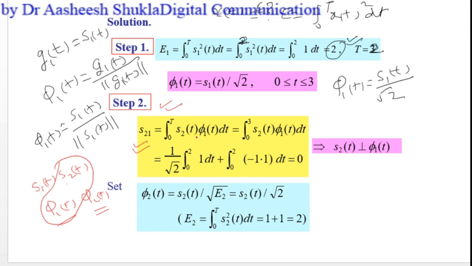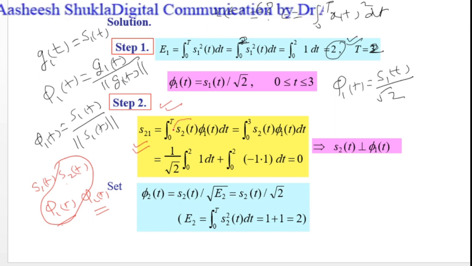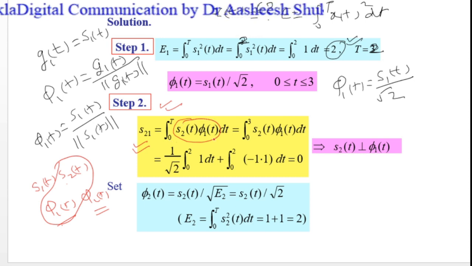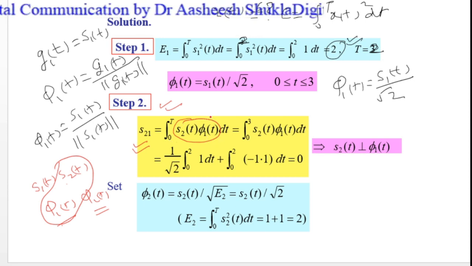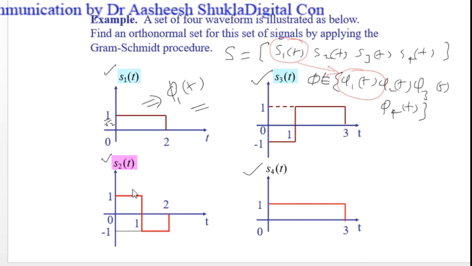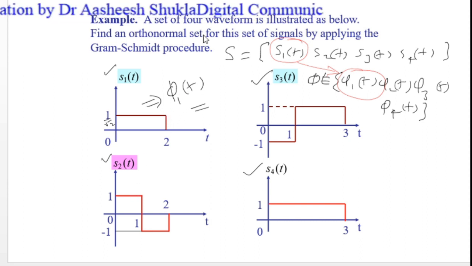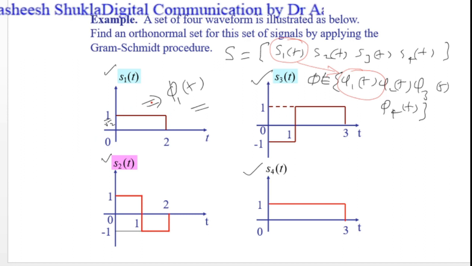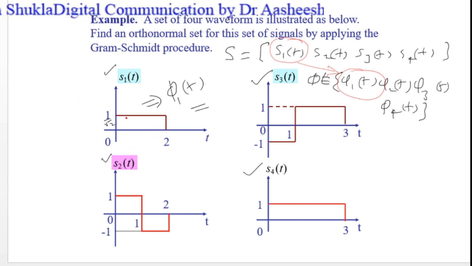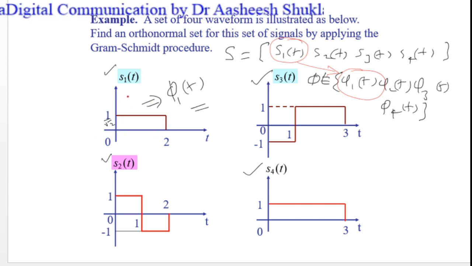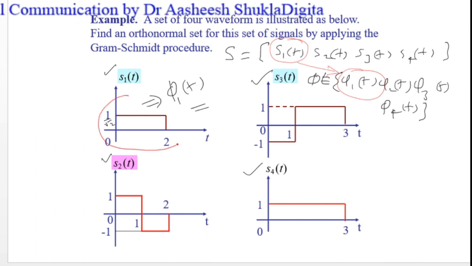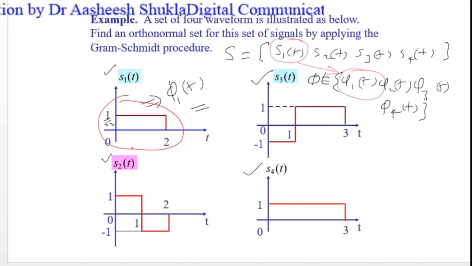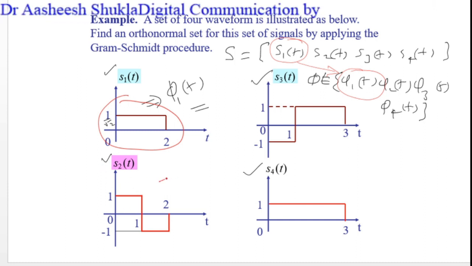To solve this integration, we'll plot the waveform of the multiplication of S2t into phi 1t, right? We know that if the amplitude is 1 by root 2, this is the waveform of phi 1t. This is the waveform of S2t. So the multiplication of these two waveforms can be plotted like this.